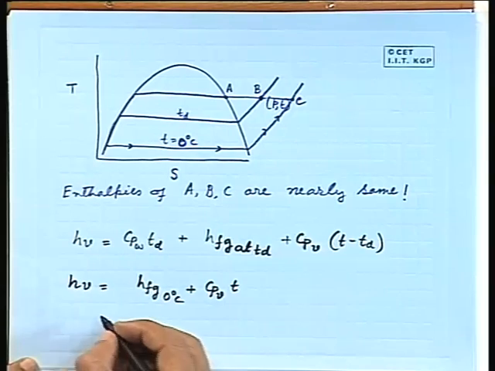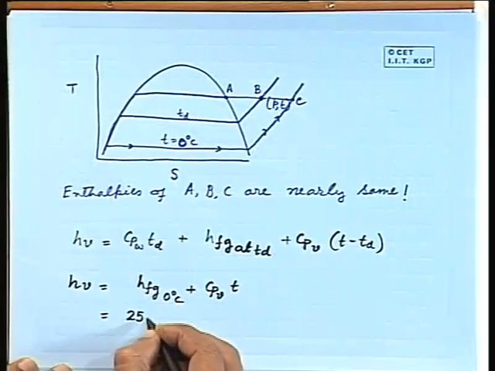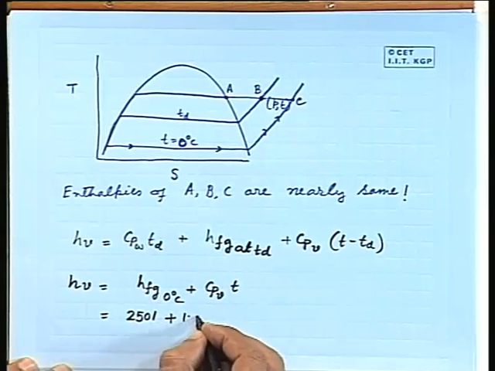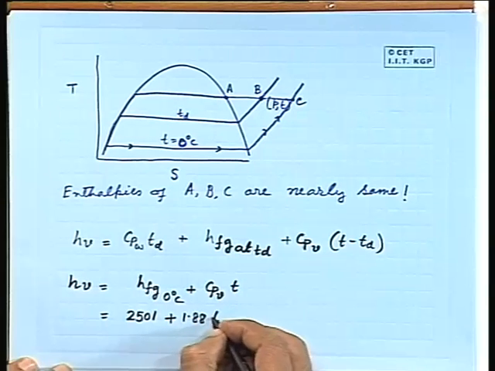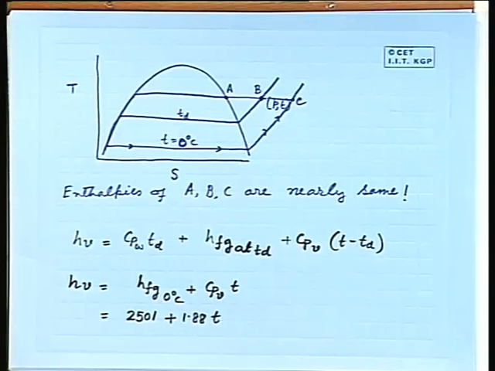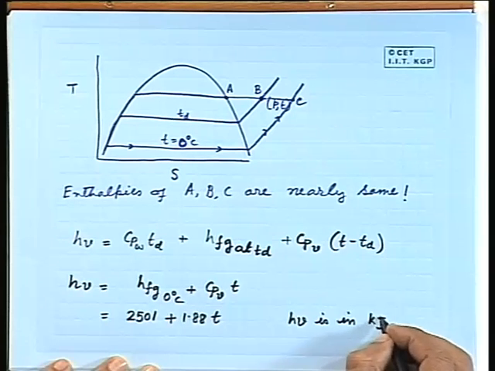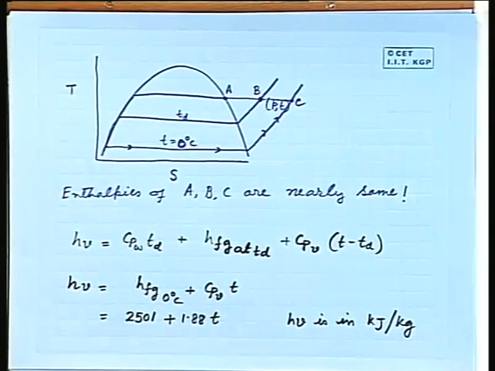So, this is 2501 plus 1.88 into T, and HV will be obtained in kilojoule per kg. So T can be in Kelvin or degree centigrade.